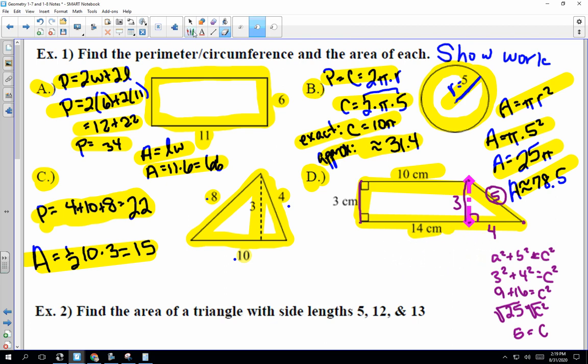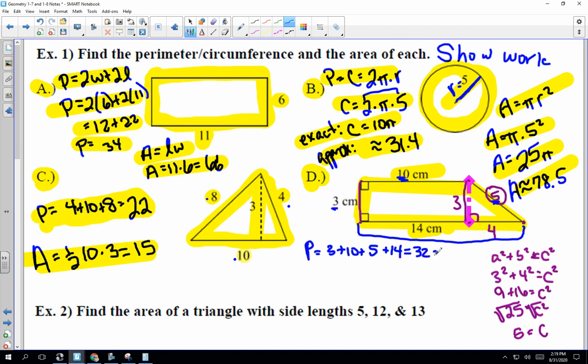Okay, so our perimeter is 3 plus 10 plus 5 plus from here to here is 14. 3 plus 10 is 13. 13 plus 5 is 18. 18 plus 14 is 32 is our perimeter. Centimeters. We have actually like units on this one.